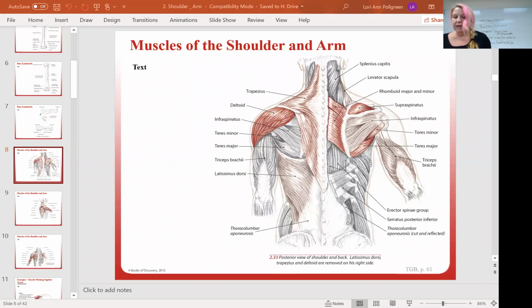We have pec minor. And I always remember pec minor, pec major, you know, comes across this whole area. Pec minor, it looks like 3 bathing suit straps coming up into that bathing suit region and actually coming towards that coracoid process that comes up here.